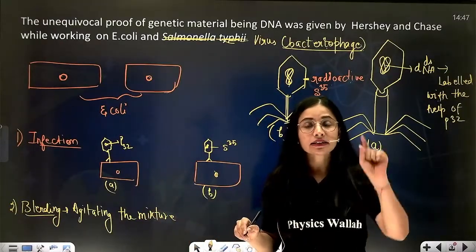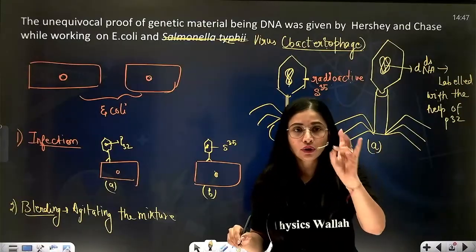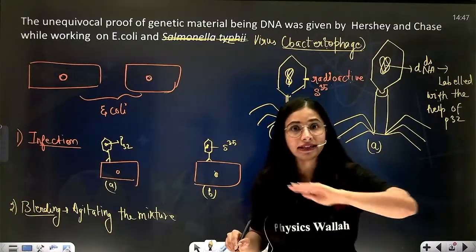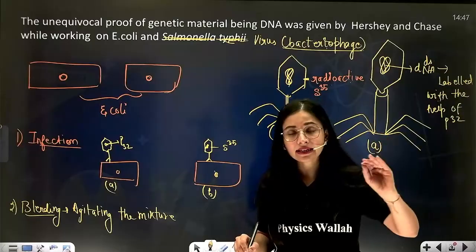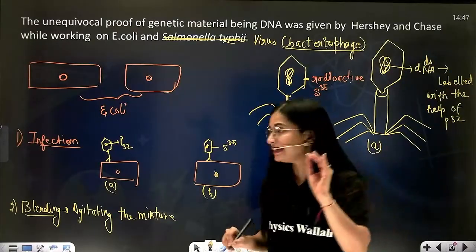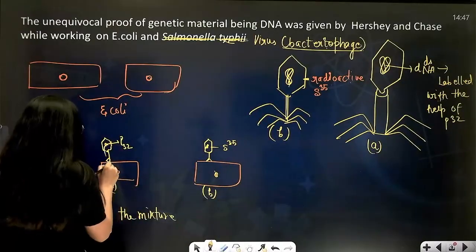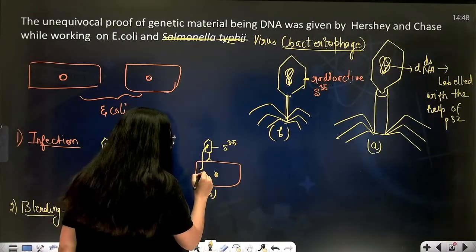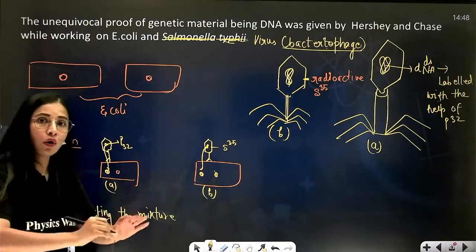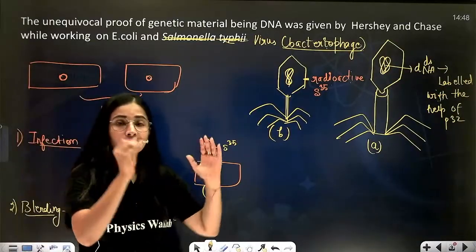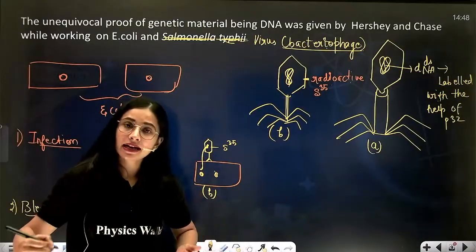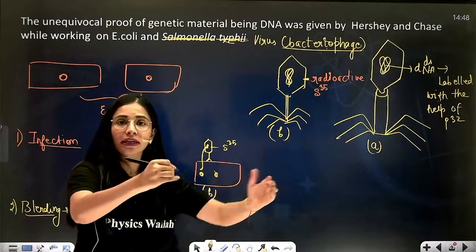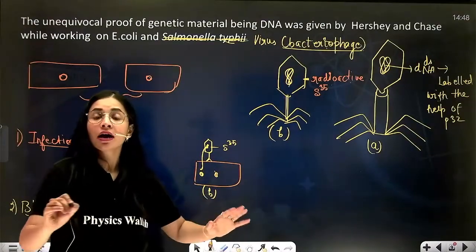As a result, only genetic material, no head, no neck, no tail, nothing. Only genetic material, which is double-stranded DNA, enters inside the bacteria, leaving the whole body outside. You can simply say DNA comes inside and the proteinaceous body remains outside.